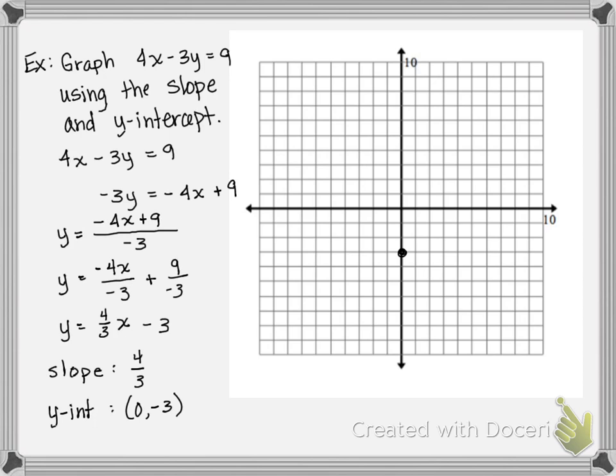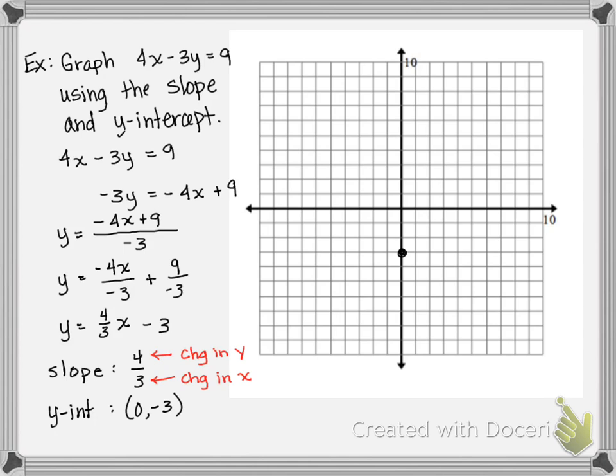And then instead of going to the right one and up 4/3, which could be kind of tricky because of the fraction, remember that that slope is a ratio of the change in the y over the change in the x. So we can think of this as our change in y and this as our change in x.